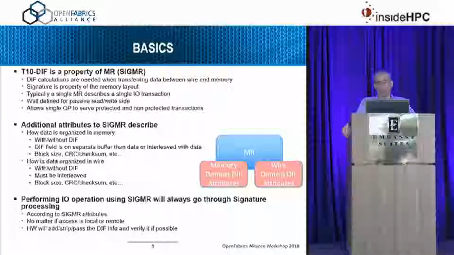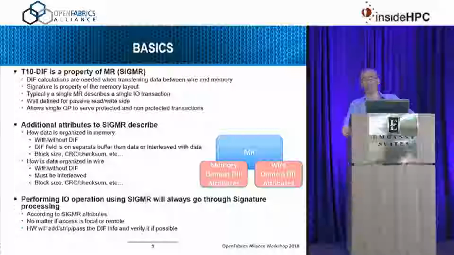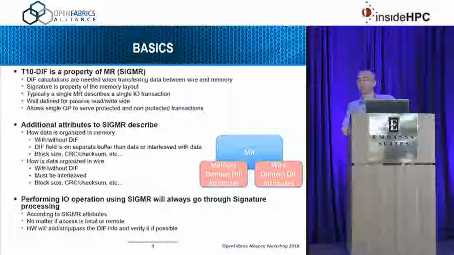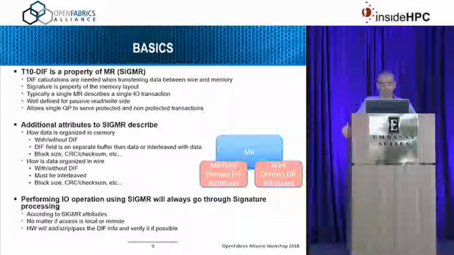And again, this is per transaction. The other approach was to have it as a property of a QP. And then again, we wanted a single QP to be able to support protected and non-protected transactions, which is also a valid use case for storage systems.